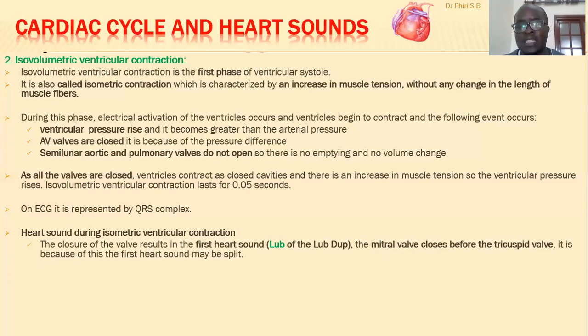Because of that, you can have splitting of the first heart sound, because the bicuspid valve on the left part of the heart closes first, followed by the tricuspid valve.